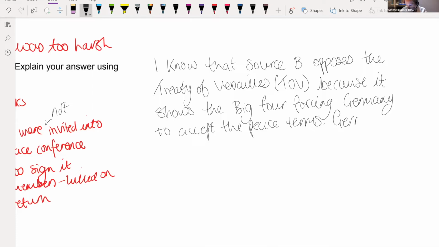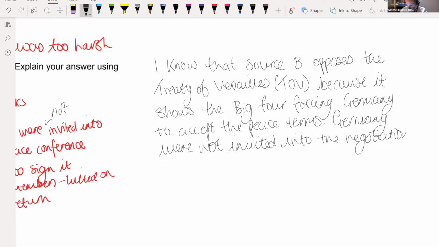Okay, and then Germany were not invited into the negotiations and would not have agreed. And then again you can add contextual knowledge about the actual terms.